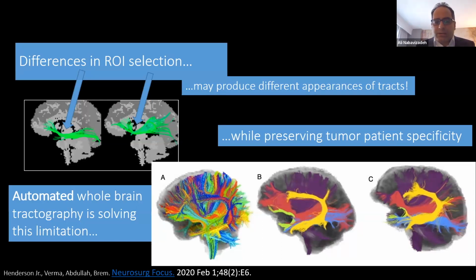This is a new version of processing tractography I wanted to mention, and you can see a reference from my colleagues here that you can refer to for more information.